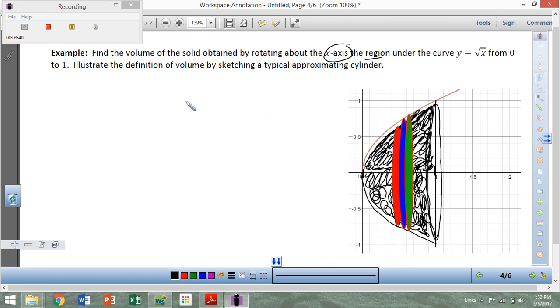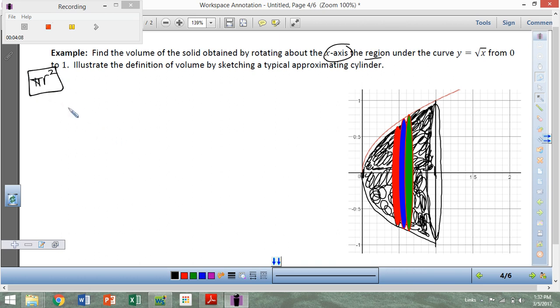So to evaluate the volume, all I need to think about is taking the area of each one of these circles and adding all of those areas up, which would give me that solid three-dimensional shape, and a volume. So for the disk method, you always want to think pi r squared.